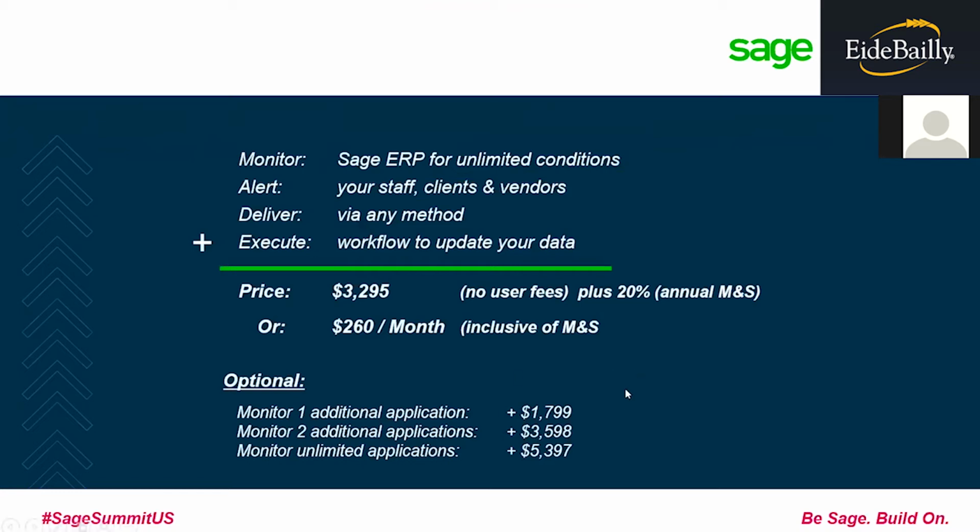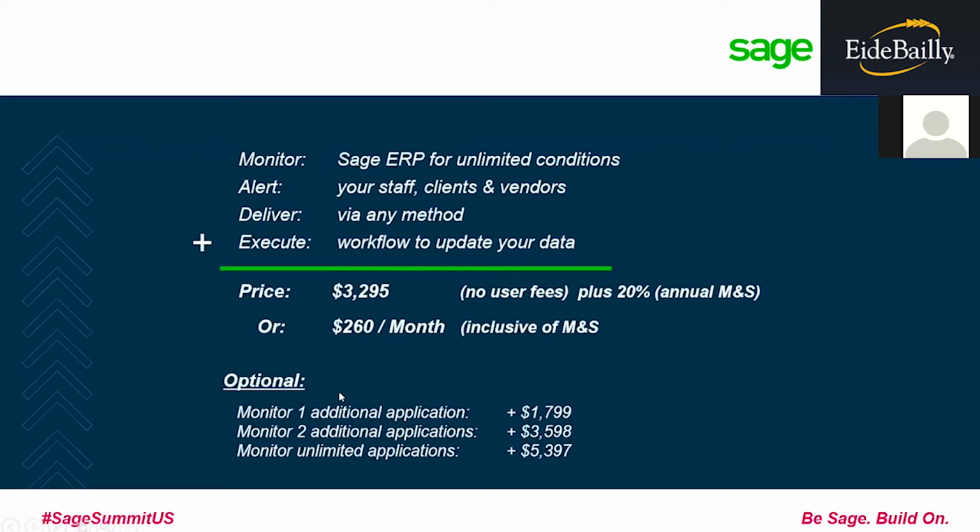The only upgrade options available for Sage Alerts and Workflow are if you wish to use it to monitor applications in addition to your Sage ERP solution. So maybe you're using a CRM solution like Sage CRM, Sugar CRM, Microsoft CRM, or even Salesforce.com. You can use Alerts and Workflow to connect to monitor data within those applications as well.